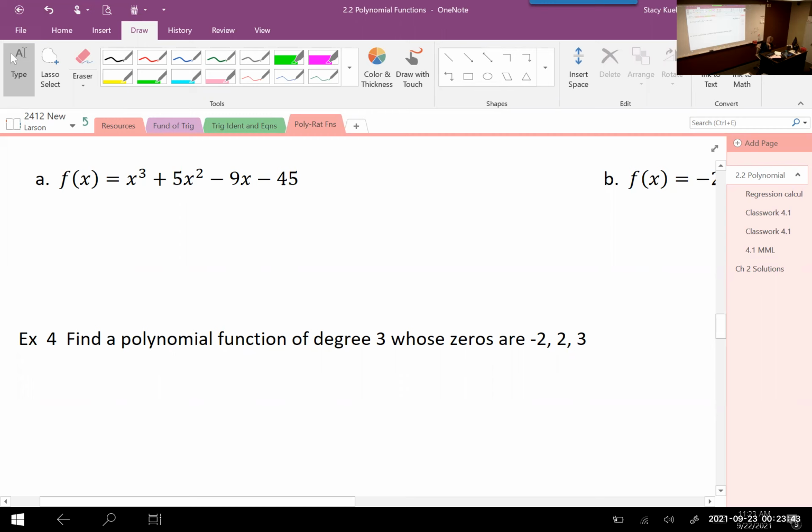Okay, but what do you notice? How many terms do I have here? 4. What's the strategy for solving something that has 4 terms in it? Quadratic only works for 3 terms.